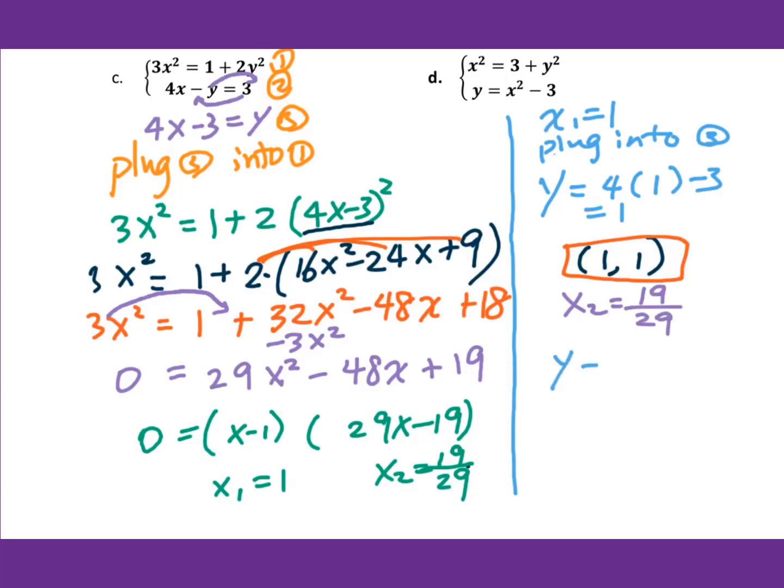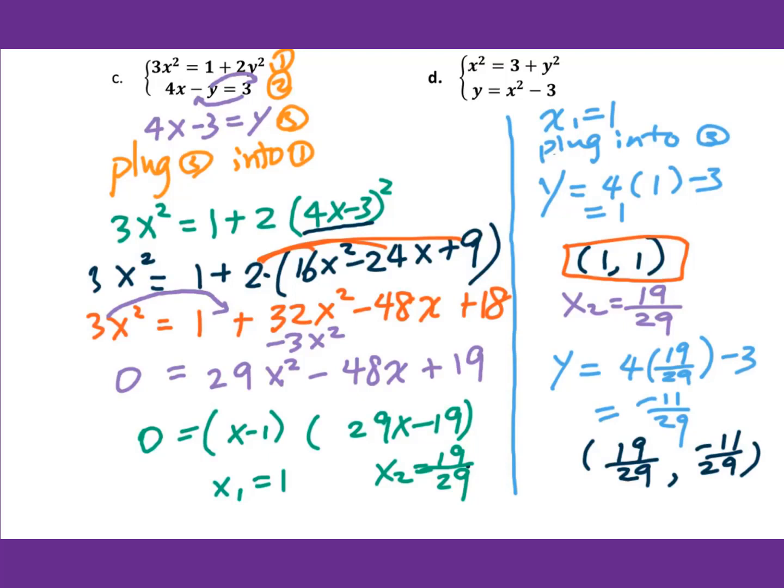You will get y equals 4 times 19 over 29 minus 3. Put into calculator, you will get negative 11 over 29. Therefore, 19 over 29 and negative 11 over 29 will be another solution to this system of equations.